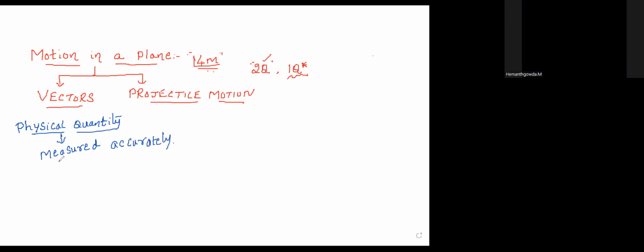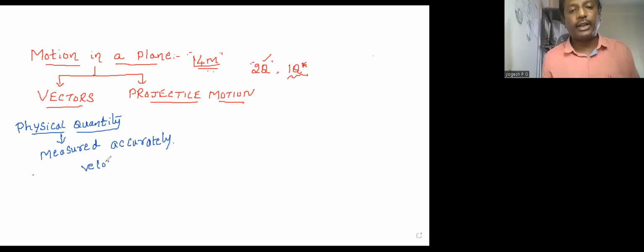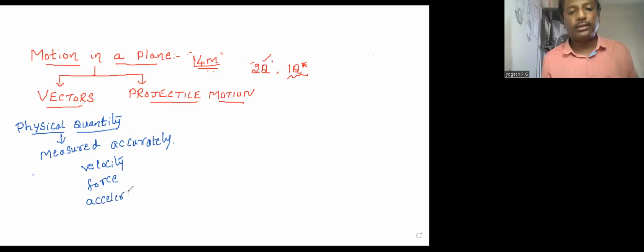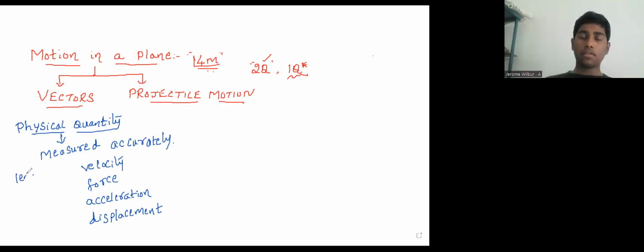Velocity. Okay. Force. Force, velocity, fine. Then? Acceleration. Okay, acceleration. Displacement. Then? Length. Yeah, length.